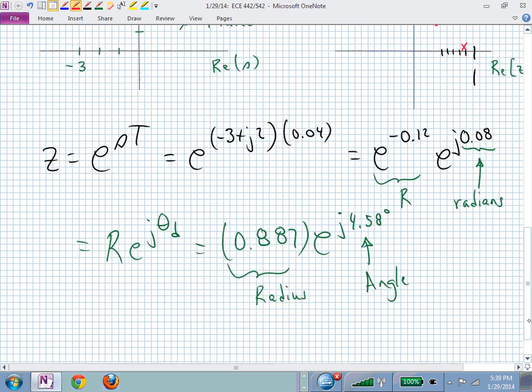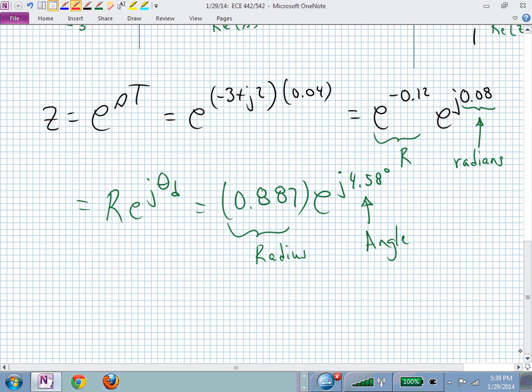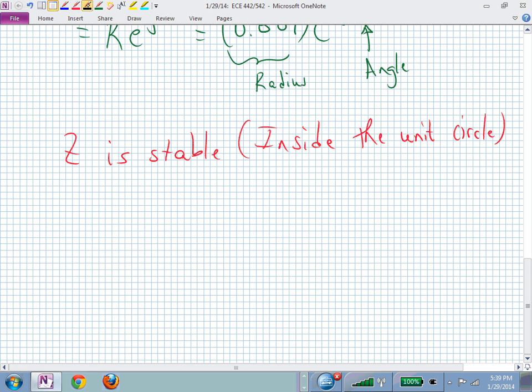So this is now giving us that a location would be stable if it's inside the unit circle. Now, if something is stable, we might be able to talk about settling time. If something's not stable, it would just go unbounded, or it's oscillating forever and never settling on any particular value.